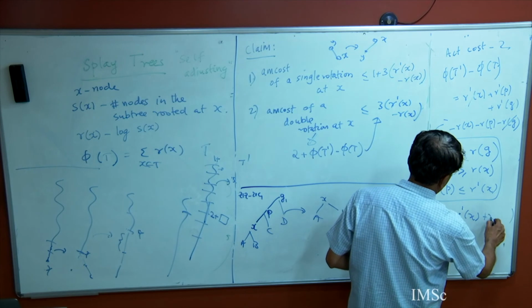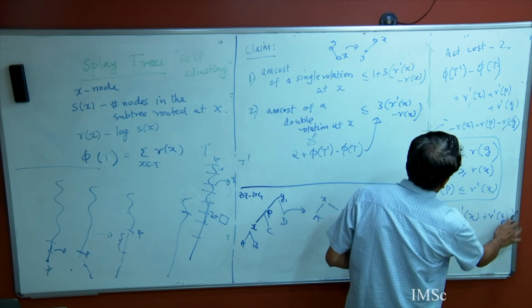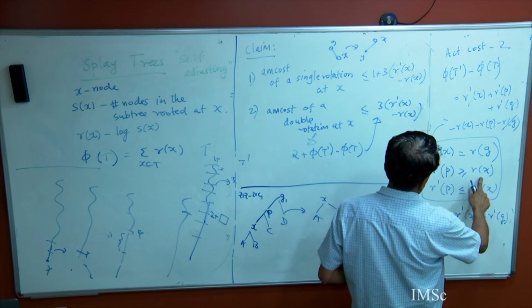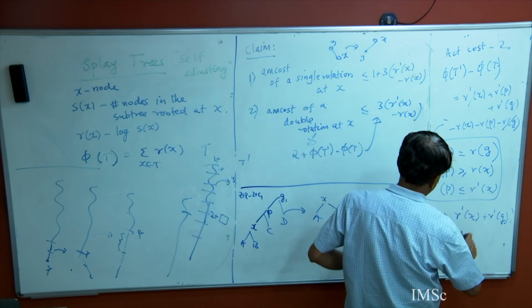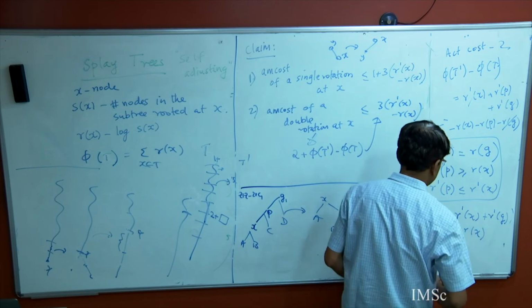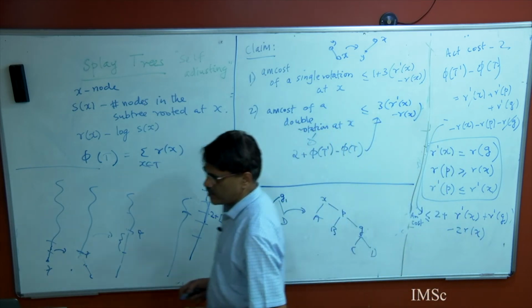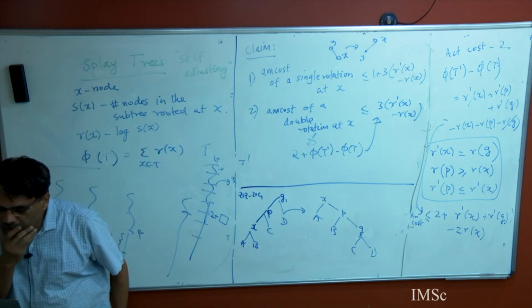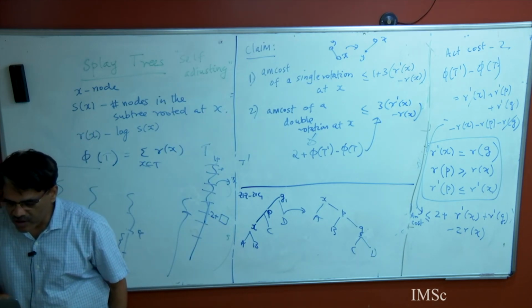Maybe I'm going to keep r prime g as they are, and r of p is greater than or equal to r of x, so I'm going to write this as minus 2r of x. Yes, r prime x plus r prime g minus 2r of x. Exactly. Okay, good.